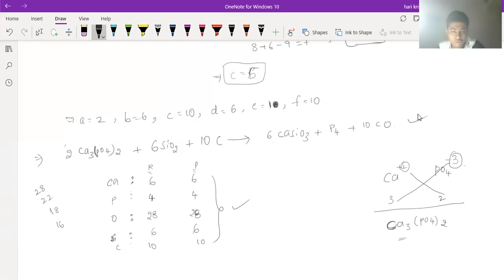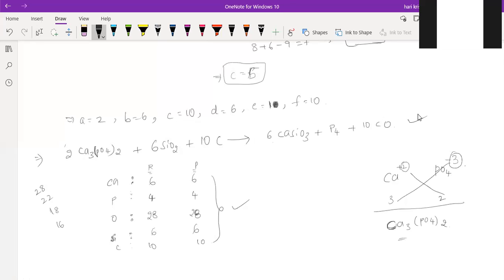Sir, I'm asking that phosphate charge is -3, so the valency should be 3 or 2? The valency is 3 only. Yes, sir, but in the table that's given as 2. Okay, I have made a mistake. Please check the other table also.